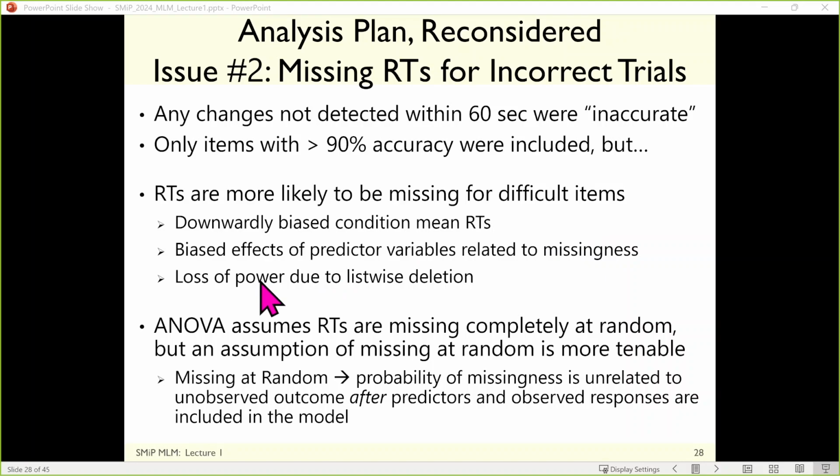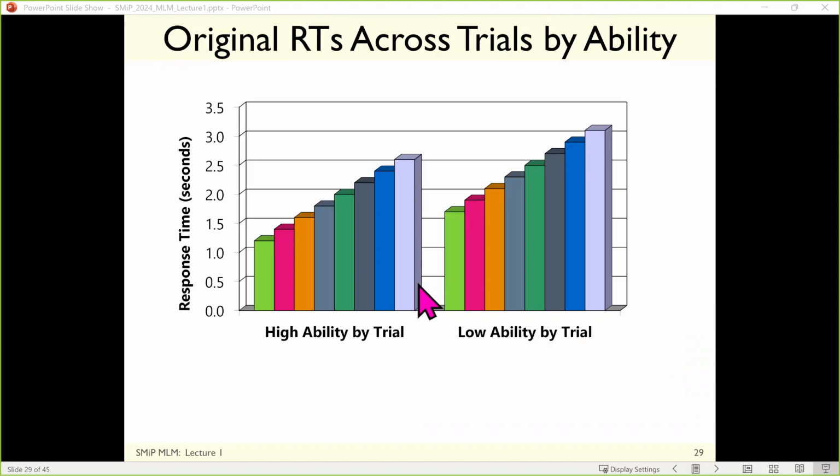So this is going to cause loss of power if we listwise delete this, but if we aggregate over the items that were ostensibly of the same kind, then we have a different problem. If this is the original distribution of items within a condition, let's say that these are the item responses from someone with high ability, and these are the responses to the same items from someone with lower ability. It takes them a little bit longer across the board.